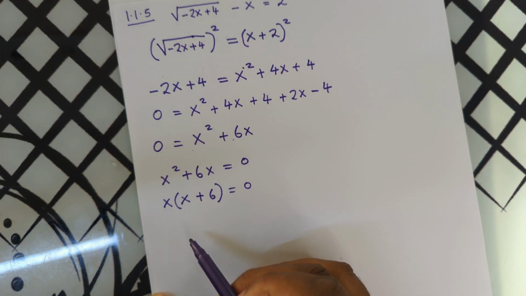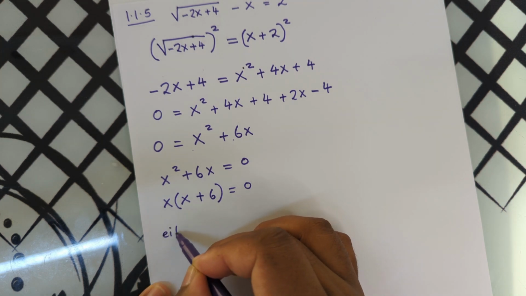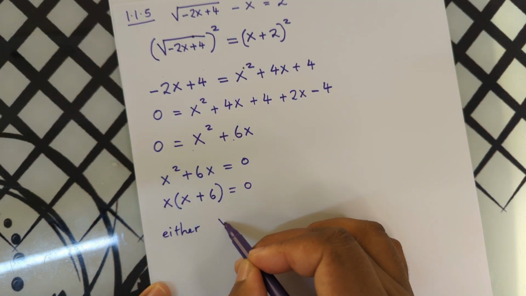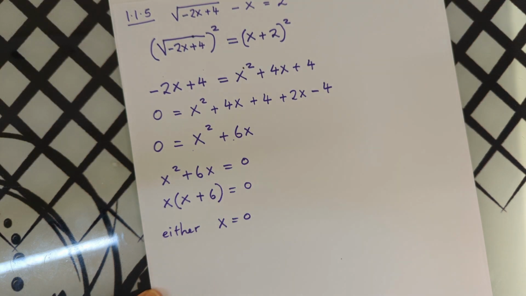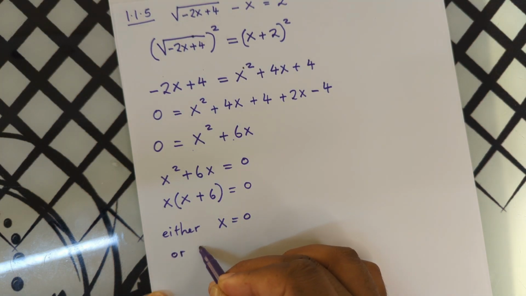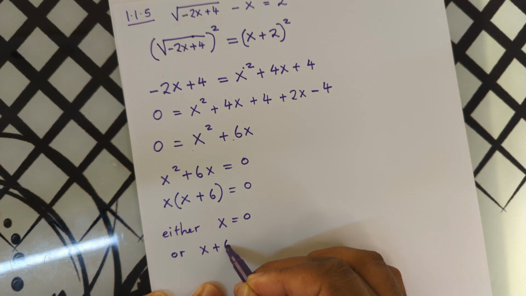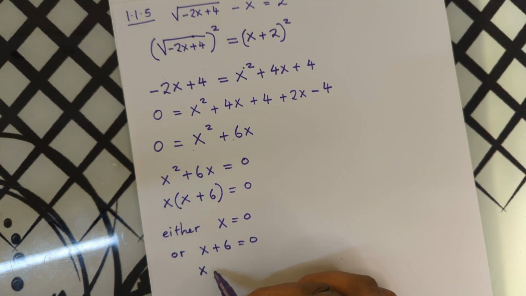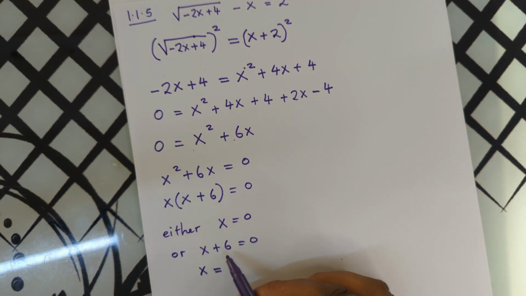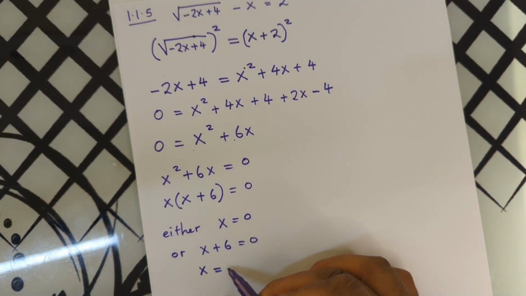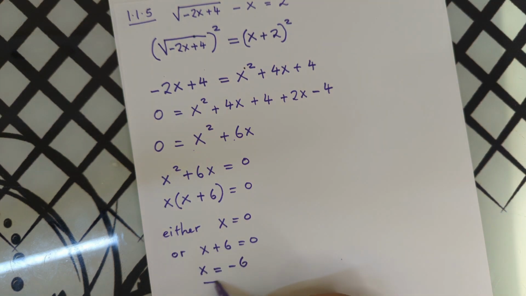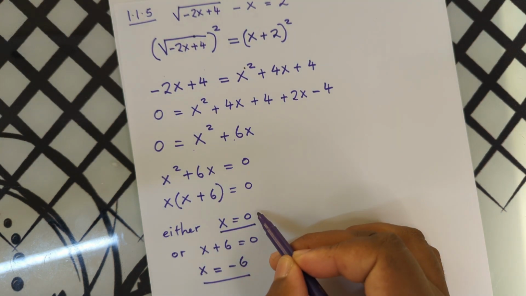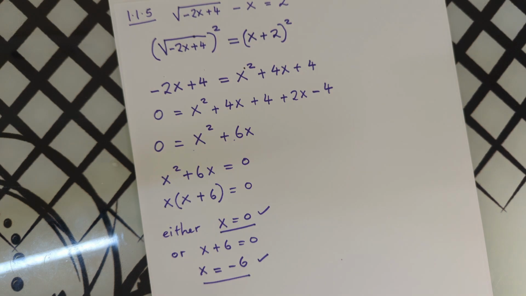And like we did in the first question, we are going to have two options. So we're going to have either x is equal to 0 or the bracket x plus 6 being equal to 0. And solving x plus 6 equal to 0 gives us x is equal to negative 6. So these are our two answers, our two values of x that we have got.